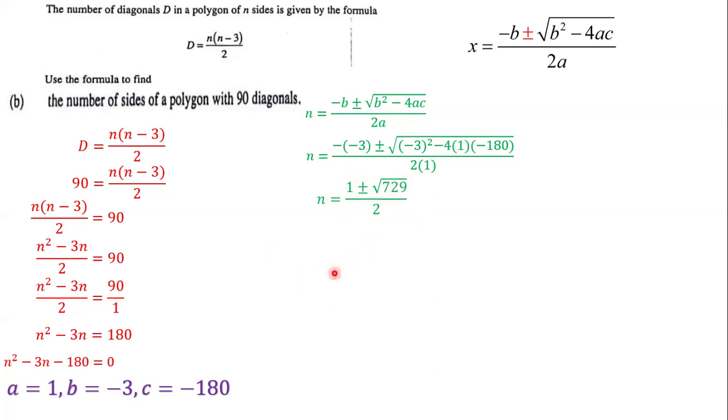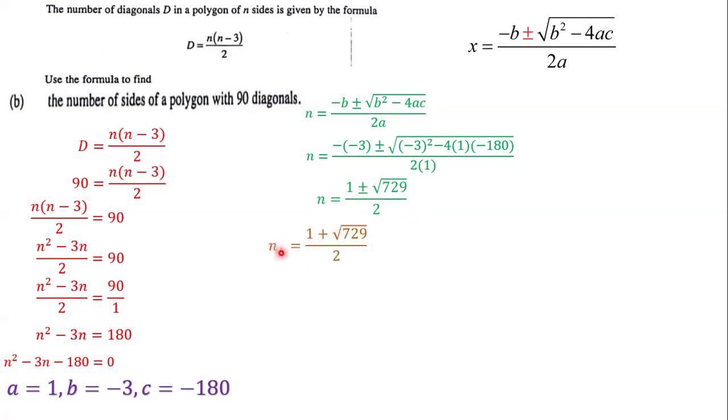But before we get to that, let us consider n positive. n positive means that we put the positive sign in between these two terms, and n negative would mean that we put the negative sign in between these two terms. Let's focus on the plus version first.